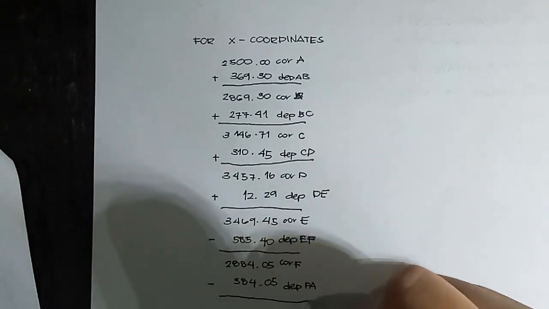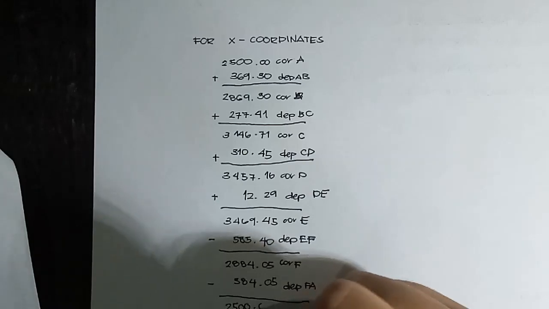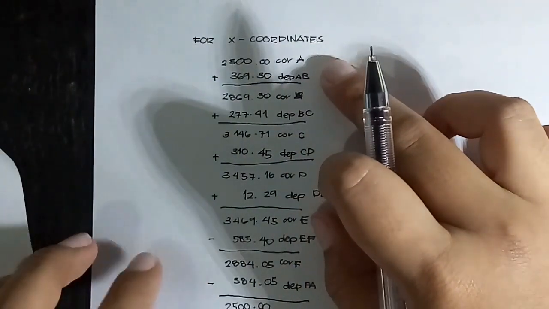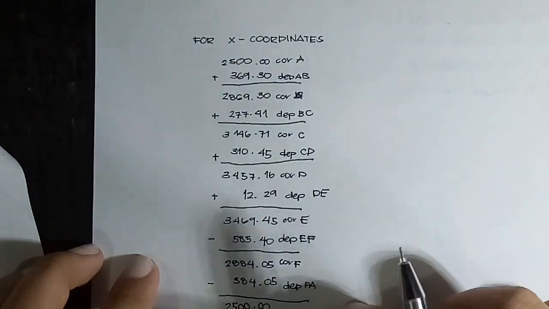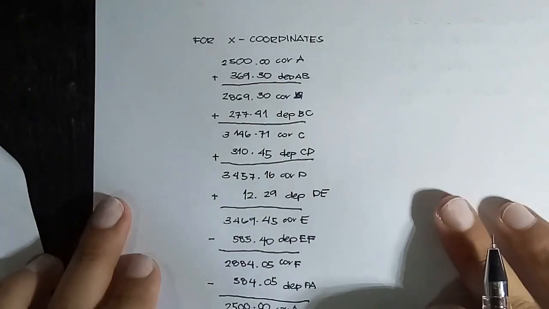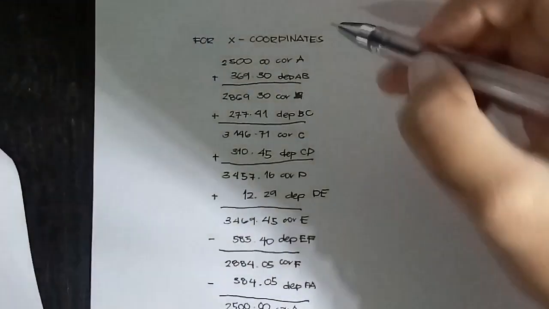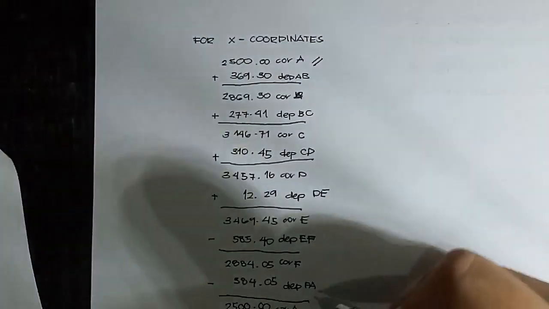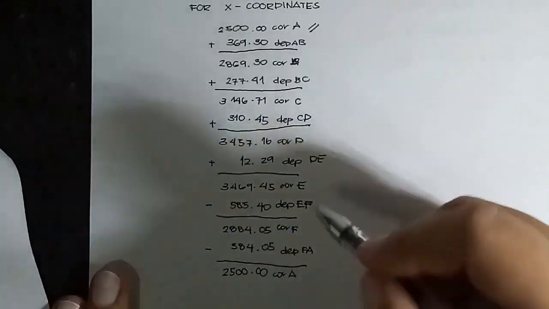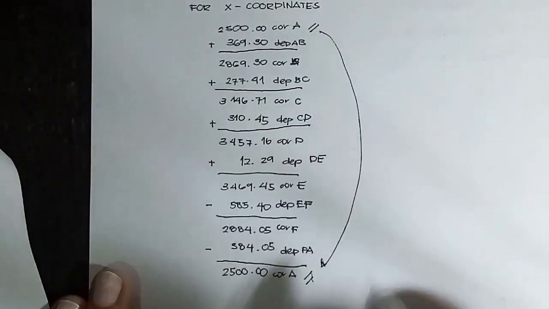So, mapapansin natin na bumalik lang yung sagot natin doon sa naunang value natin, which is yung 2,500 meters. So, para malaman din natin na tama yung ginawa natin na pag-compute, dapat yung value natin dito sa taas is magtutugma naman sa value natin dito sa baba. So, dapat equal yan silang dalawa.